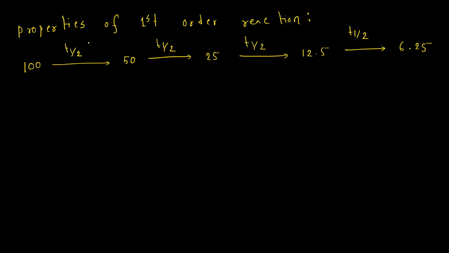So here 100 to 50, it is 50% drop. Here 50 to 25, it is also 50% drop. Here 25 to 12.5, here is also 50% drop. And 12.5 to 6.25, here is also 50% drop. So every T half, the concentration of reactant is dropping by 50%.